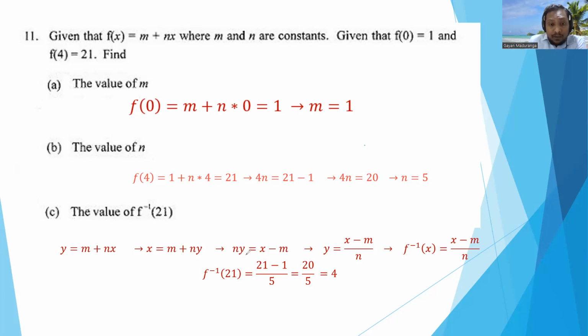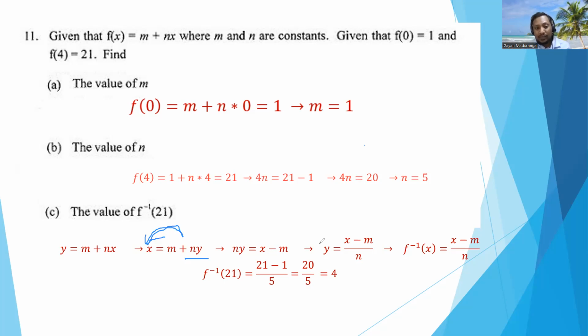Then I want to make y the subject, right? So I keep the ny term here. Sorry, children. Move the m value to the other side because ny is here.